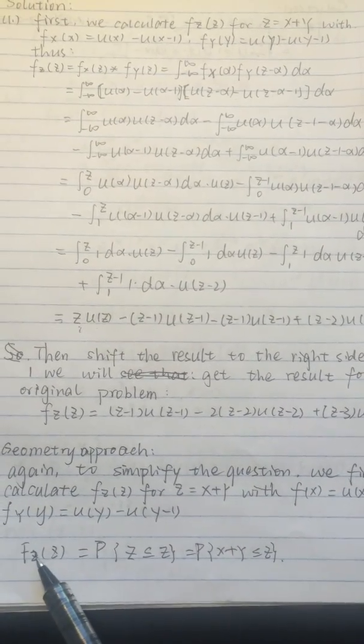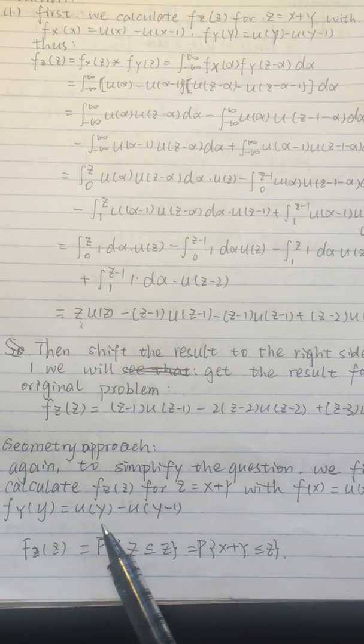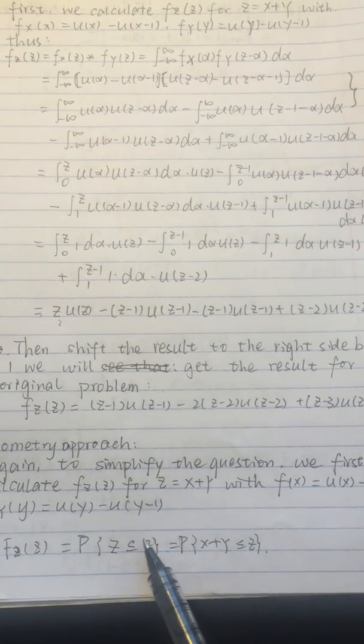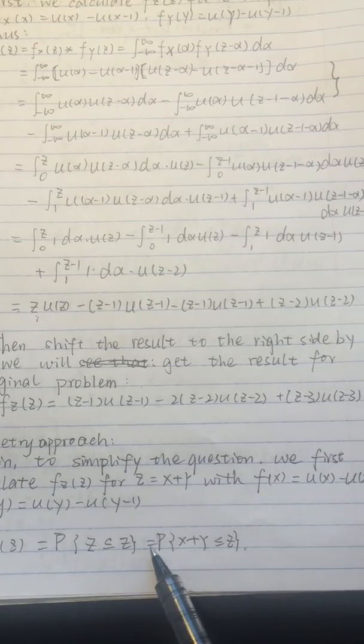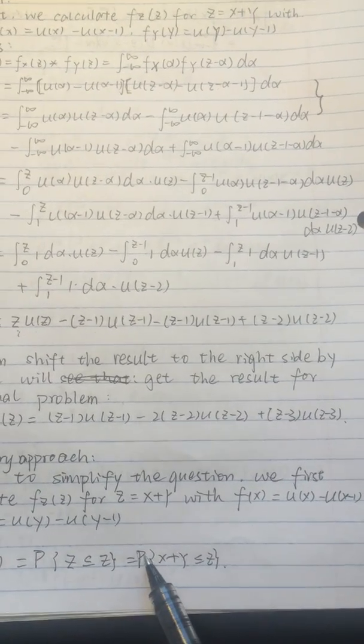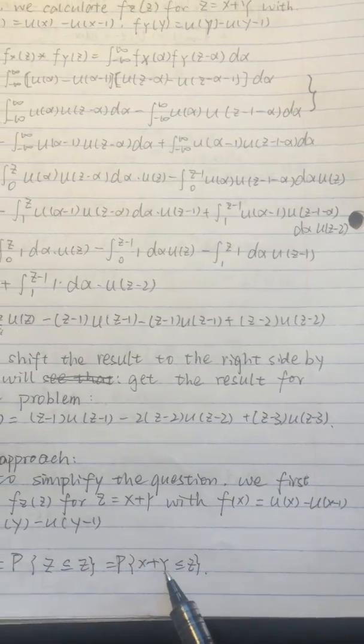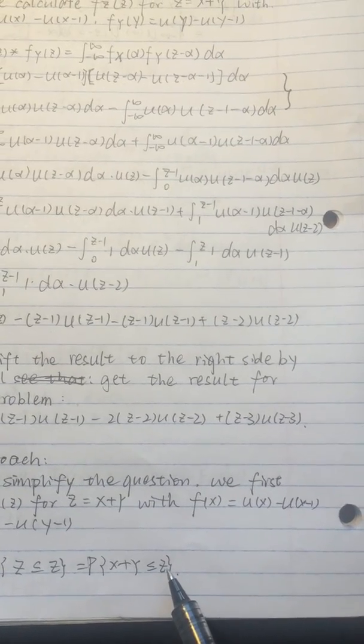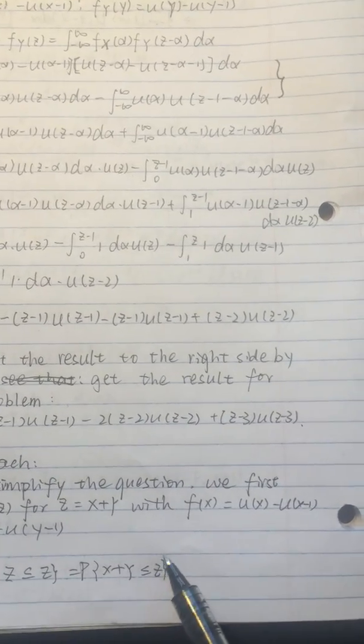So the big Fz(z) equals the probability that Z is smaller than or equal to z, which is the probability that x plus y is smaller than or equal to z.